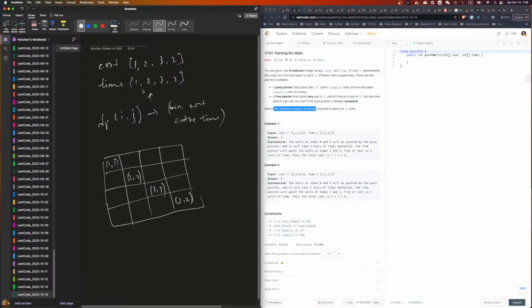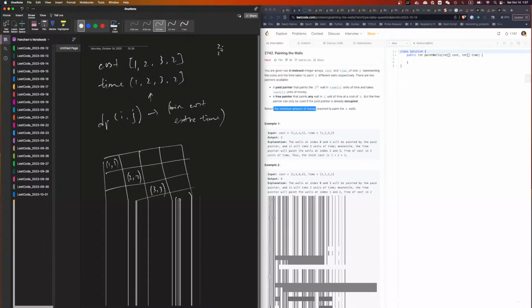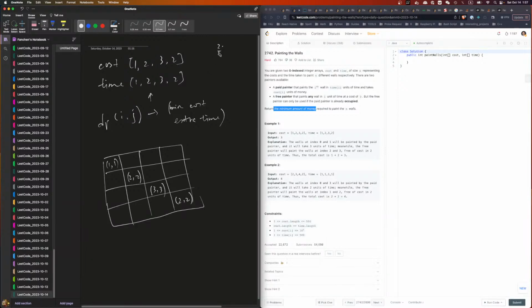So 0, 1. What's the min cost of 0 to 1? I'm going to paint these 2 walls. Now we are at 1, so now I have 2 and 2. If I don't paint this one, then I go previously to the first wall situation in its minimum.